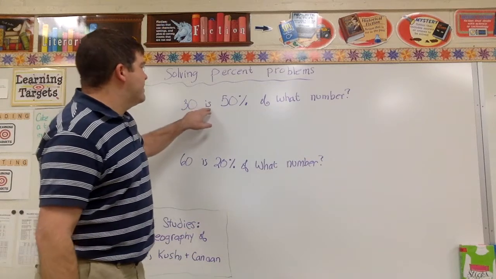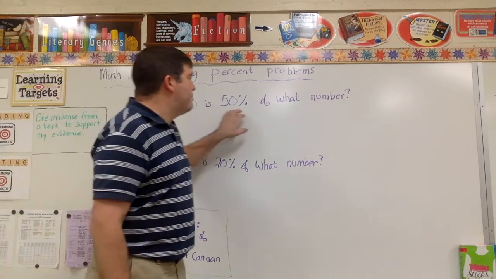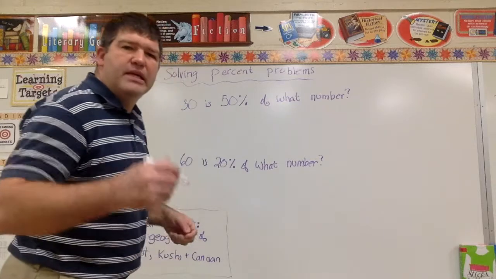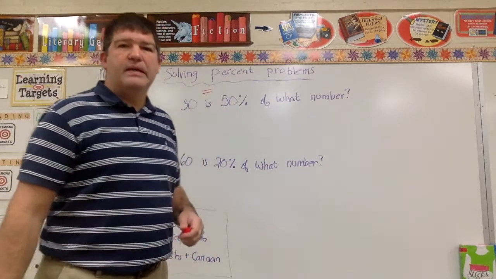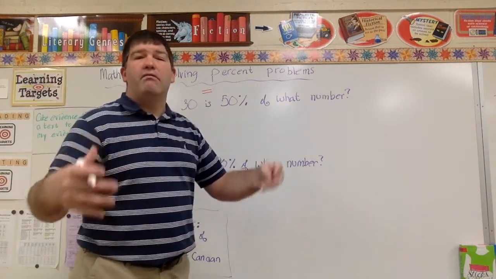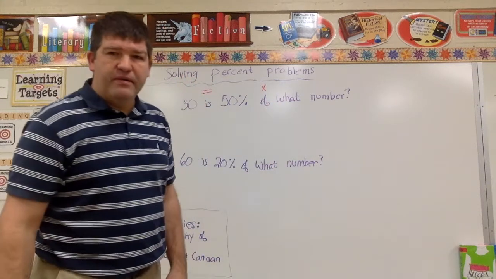So 30, the number 30, is 50% of what number? Whenever I see the word is, I'm thinking of equals. And when I know something is 50% of something, I think of multiplication.